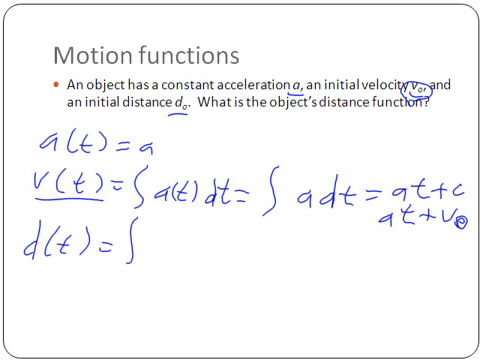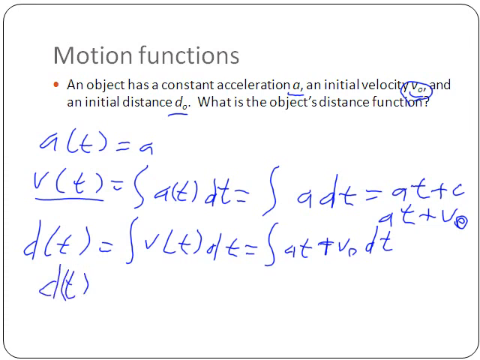My next step is that it asks for the distance function. The distance function, d of t, is equal to the integration of my velocity function, which I just found was at plus v naught dt. So first, I have a out front, that's my constant.